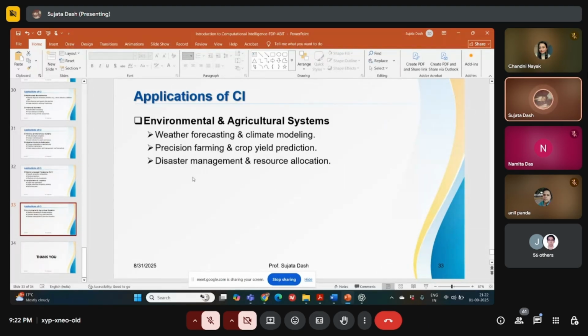So these are the different applications of computational intelligence. As you know, in all our day-to-day real-life problems, we are using computational intelligence to find a dependable solution, or a solution which is good enough to rely on. So this is all about my topic, my lecture.